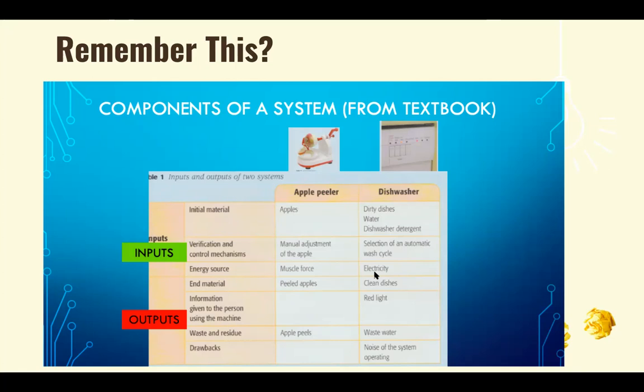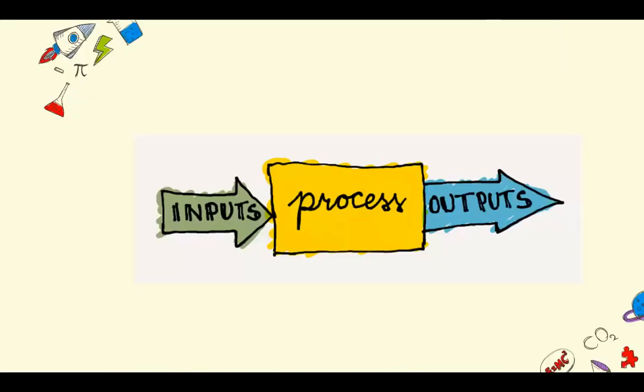But I use my muscle power at first to push the button, and then the electricity started to flow, and then the dishwasher worked. So, this idea of inputting energy and processing it and then outputting, this is something we saw before, and it is being revisited in this section.